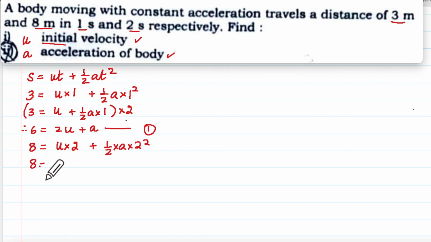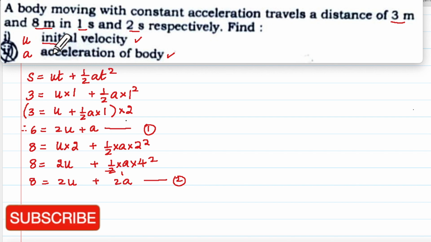So that gives us 2u plus half into a into 4. So 2 ones and 2 twos. So we get 8 equal to 2u plus 2a. And that is our equation 2.